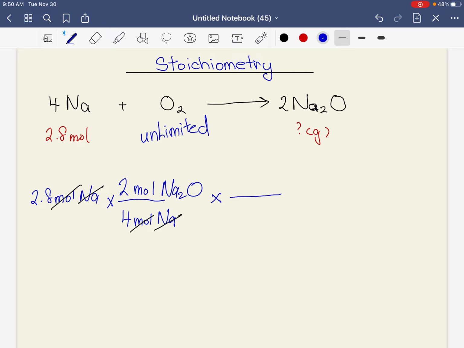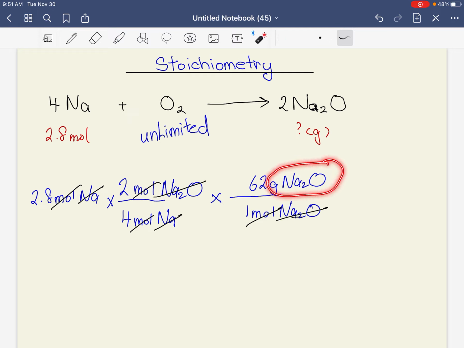What I do know is that for every mole of Na2O, let me just quickly calculate that here on the side, it is 62 grams of Na2O. Moles and moles cancel, Na2O cancel, so you're left, of course, with mass of Na2O, which is the goal, exactly what you want.